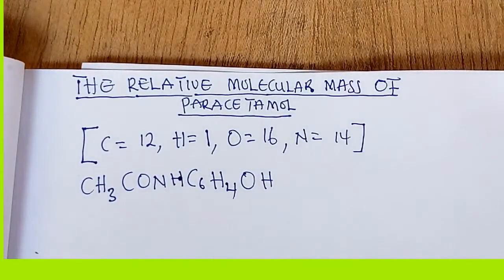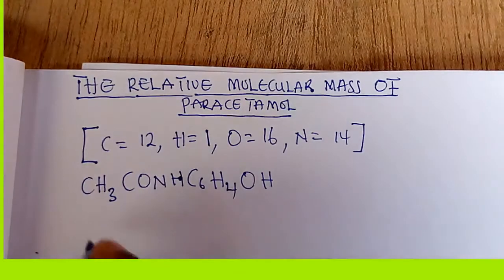So for them to form this paracetamol, they need to mix carbon, hydrogen, oxygen, and nitrogen in a particular proportion. How to get this? To make this very simple, let's start.